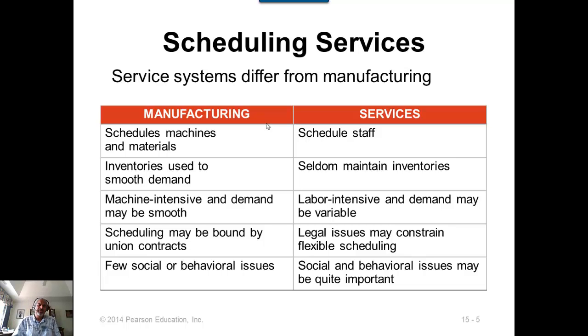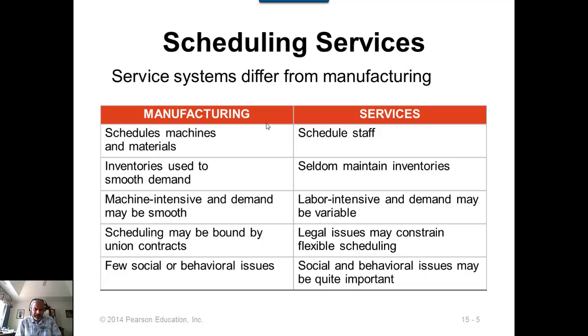In manufacturing, scheduling is constrained by union contracts, whereas in service there may be some legal requirements, like you have to give a certain amount of break time and lunch time and so on. So they need to be taken into account while making a schedule in a service environment.